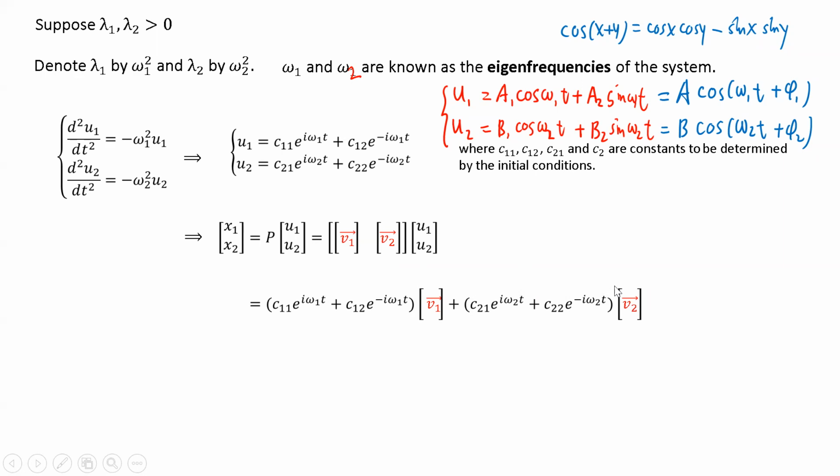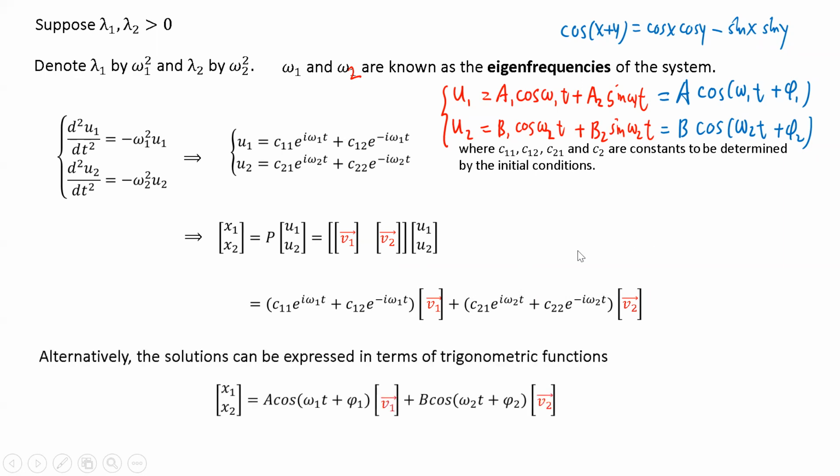And if I want to write it using trigonometric functions, then the solution is written like this. Now you can see that x1 is a sum of two oscillating functions.